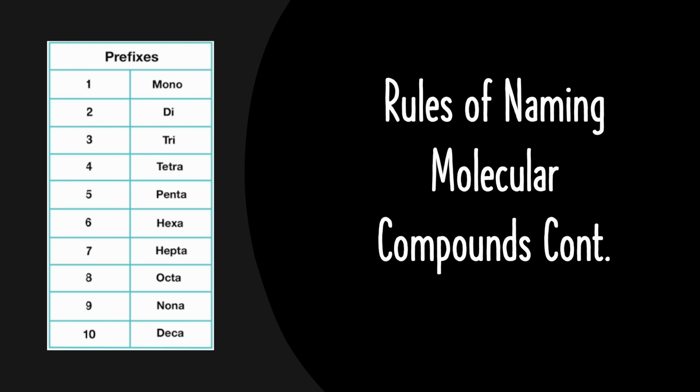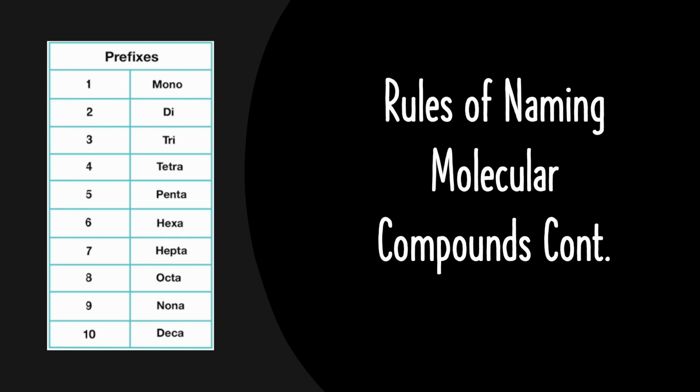In an N2O4 molecule, there are 2 nitrogen atoms and 4 oxygen atoms. The Greek prefixes for 2 and 4 are di and tetra. The name for the compound with the formula N2O4 is dinitrogen tetraoxide.